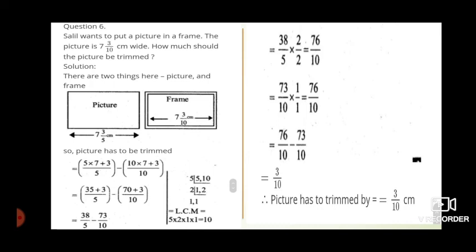So 76 by 10 minus 73 by 10, we have the same denominators. If we subtract the numerators, 76 minus 73, 3 by 10. So the picture has to be trimmed by 3 by 10 centimeters.